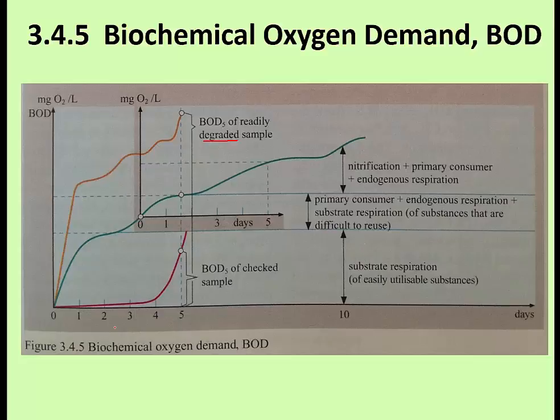So here's a readily degraded sample, here's a sample you're checking it against, and the difference between those is what you're looking at. There are all sorts of calculations that go into calculating a BOD, and we may take a look at an example of how to calculate a BOD just so you're aware of that. We won't do it in this video, but we may look at that in the lab.